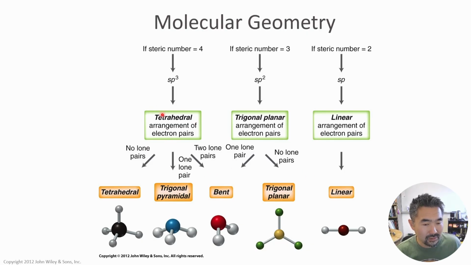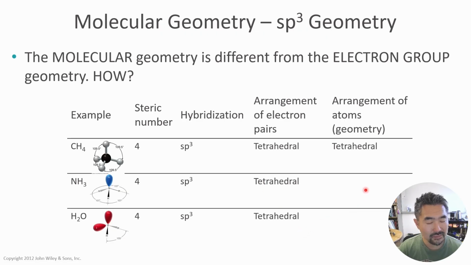So tetrahedral arrangement of electrons can have tetrahedral molecular shape or trigonal pyramidal with the 4th thing being a lone pair, or bent if there's 2 lone pairs, and so forth, or linear, trigonal planar from sp2. Hopefully all that rings a bell, and see if you can fill in the blanks here by pausing the video real quick.